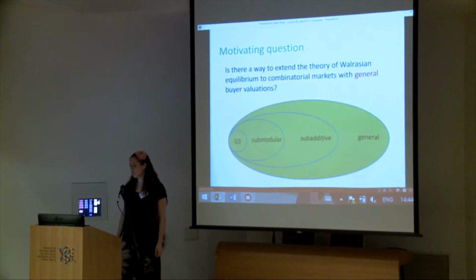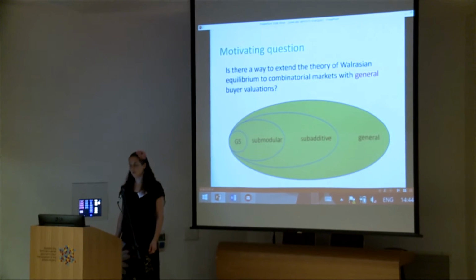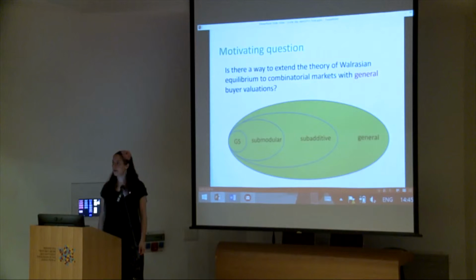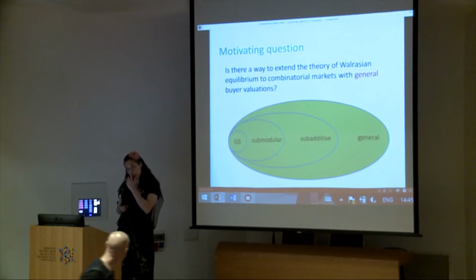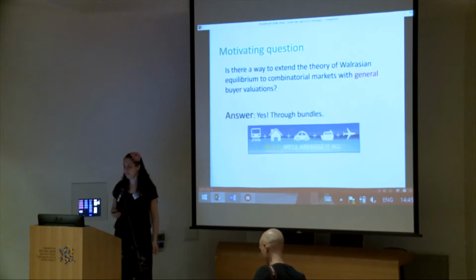And the motivating question is whether we have a way to extend the theory of Walrasian equilibrium to combinatorial markets with general valuations. So we want to preserve the nice properties of a Walrasian equilibrium. We don't want to lose the simplicity, the fairness, but we want it to hold in general. We want it to exist in general.